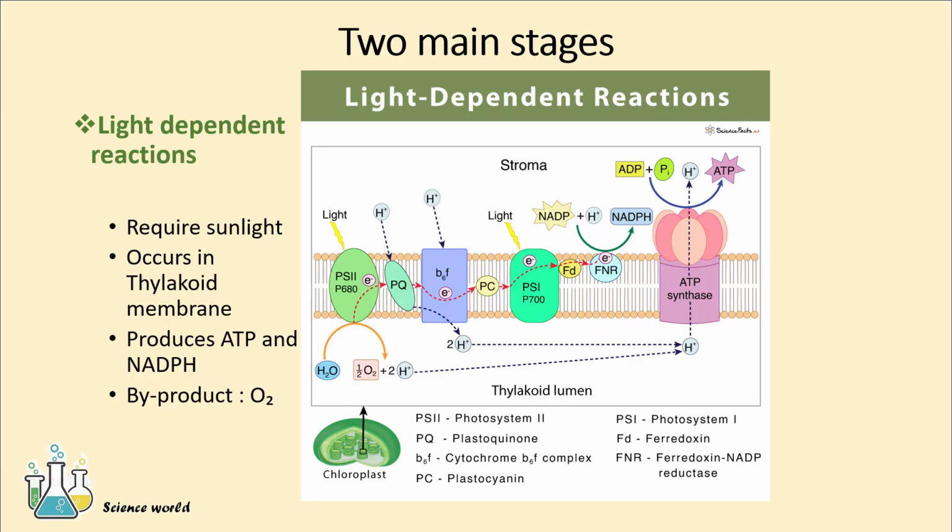The electrons coming from the splitting of water molecules help to meet the demand for electrons in photosystem 2. And also the H plus ions are transferred to the stroma from the thylakoid membrane through the ATP synthase protein molecules, which have channels.